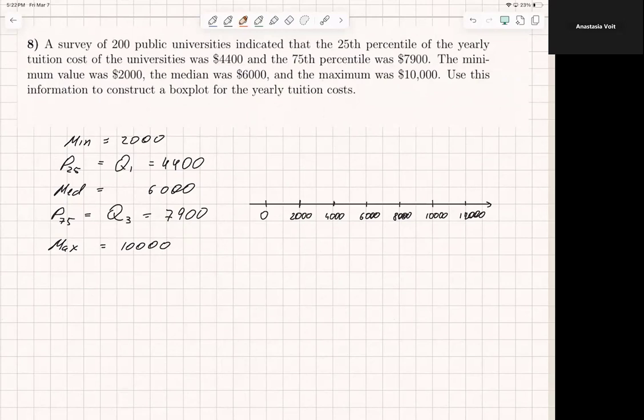Okay, and now we start just marking the values. So the minimum is at 2,000. So this is where we start our whisker. Then Q1 is 4,400. So it's going to be somewhere here. So this is where the box will start. Q3, that's 7,900. So that is going to be, actually no, 5,000 is here, so 4,400 would be somewhere here.